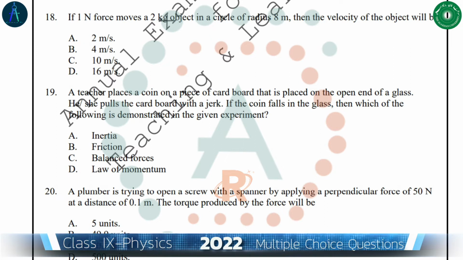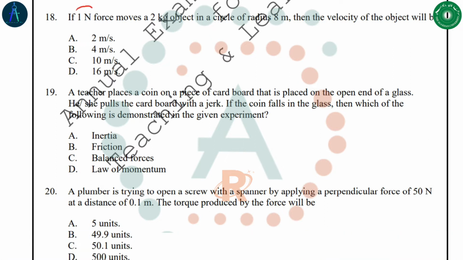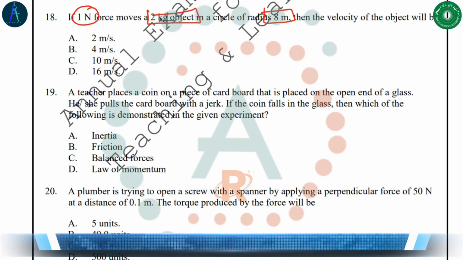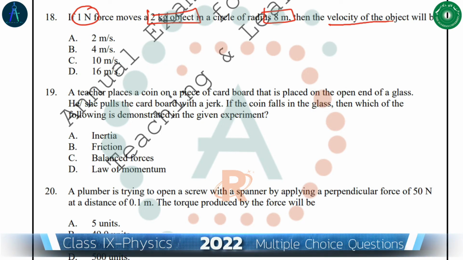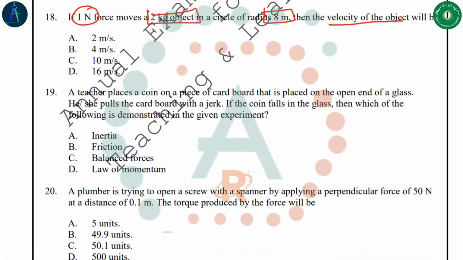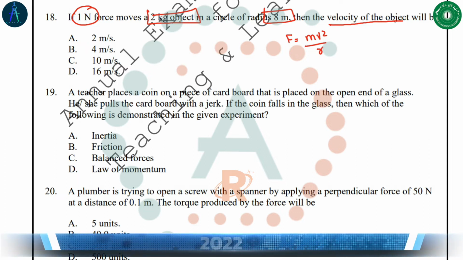Let's see question number 18. If a force of 1 Newton moves a 2 kilogram object in a circle of radius 8 meter, then what will be the velocity of that object? So once again, a mass of 2 kilogram is moving in a circle of radius 8 meter with a force of 1 Newton. From the given data, we can apply the formula for centripetal force, mv square over r.